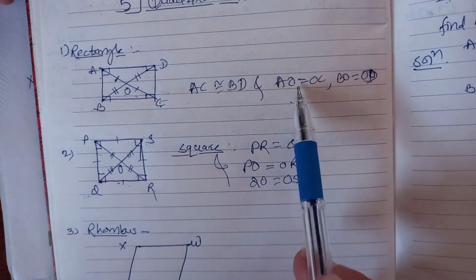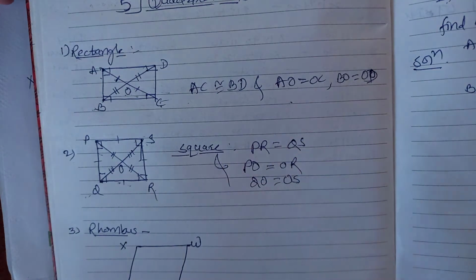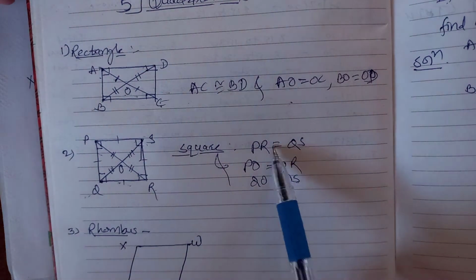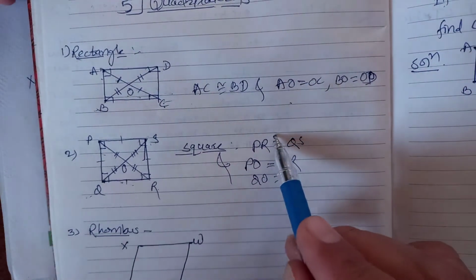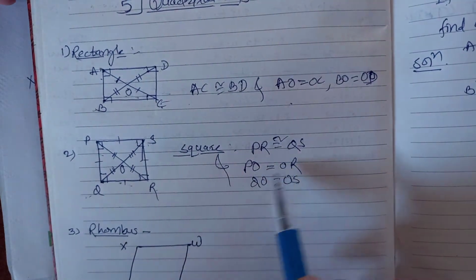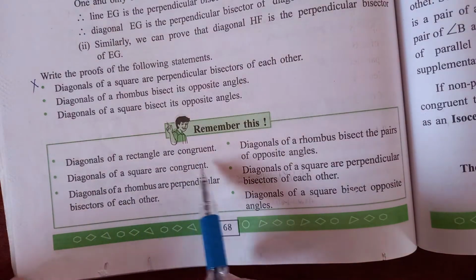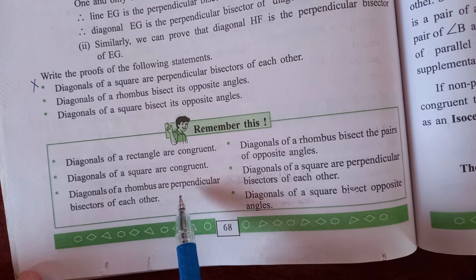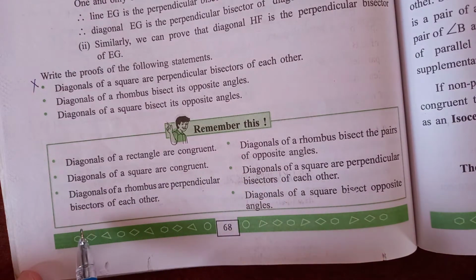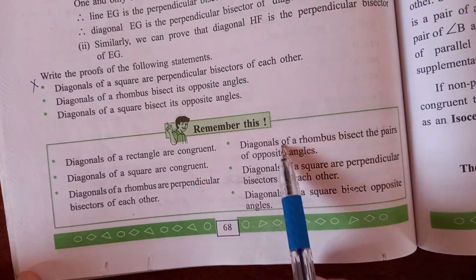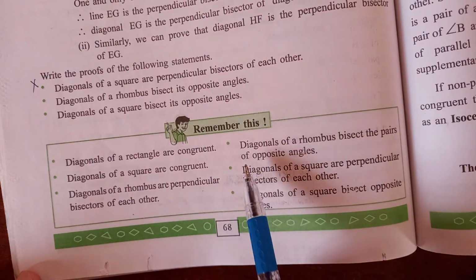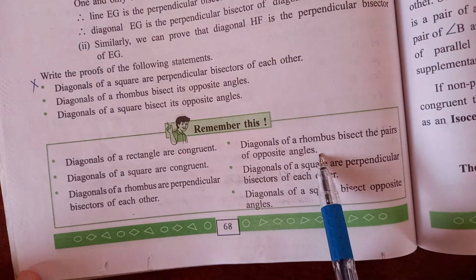In the rectangle we saw three properties, and the square also has these three: diagonals are congruent, and they intersect each other so that the parts are also congruent. Diagonals of a rhombus are perpendicular bisectors of each other. Diagonals of a rhombus bisect the pairs of opposite angles.